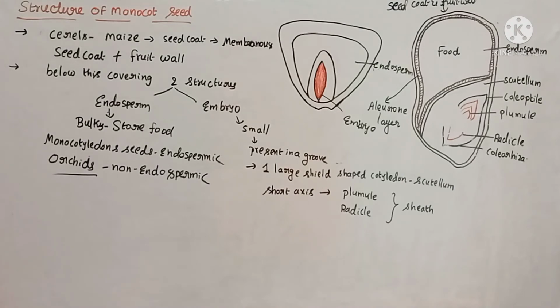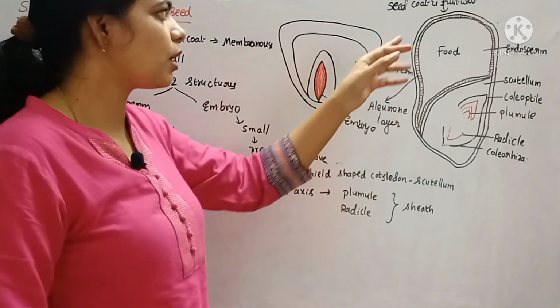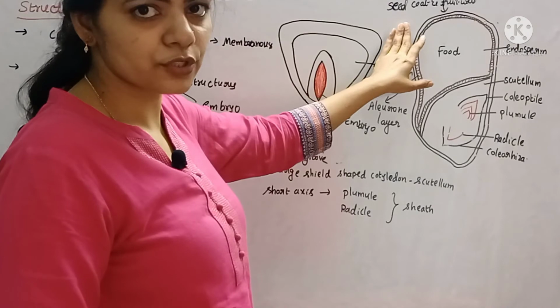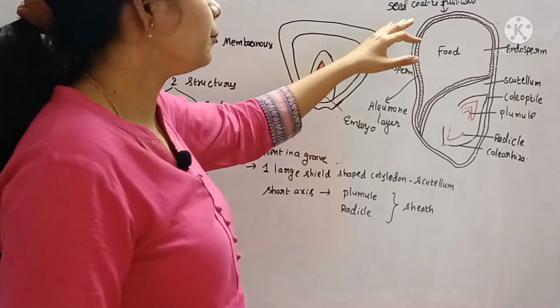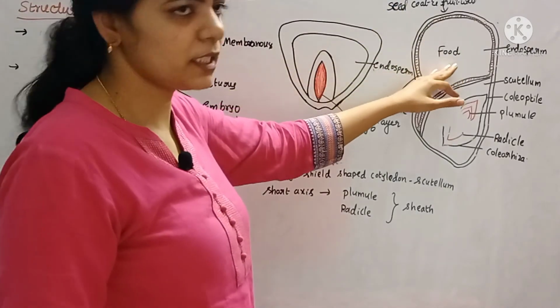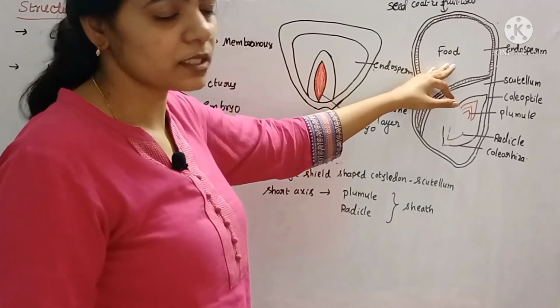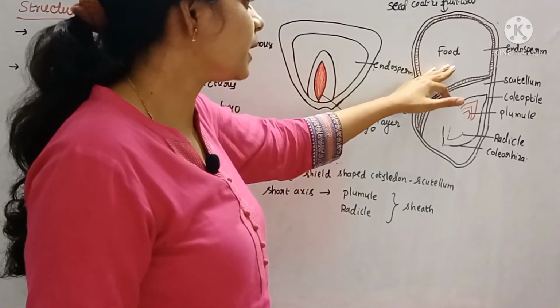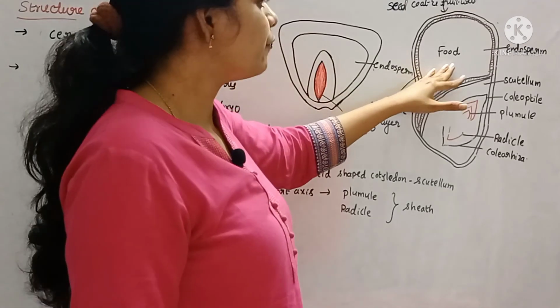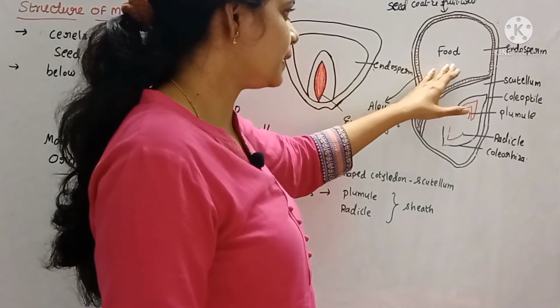Once again, we will revise this. What is the structure of a monocot seed? Most of the cereals are monocots, which are membranous. The outer covering consists of the seed coat, which is fused with the fruit wall. Below this covering there is the endosperm, a bulky structure which stores the excess food material.